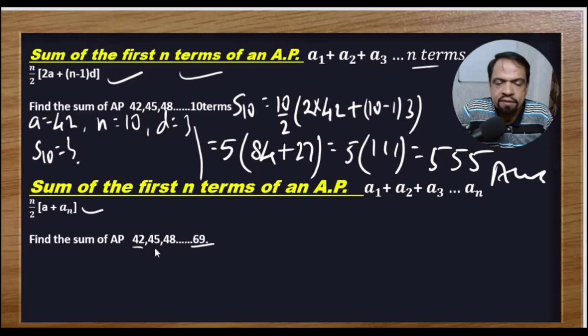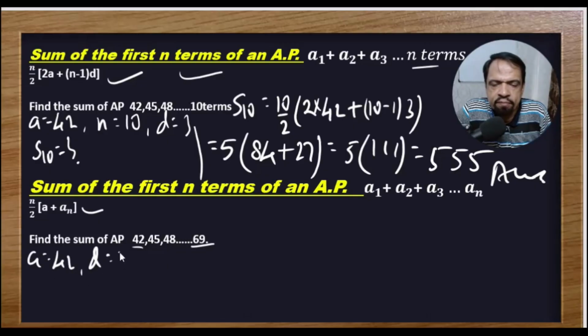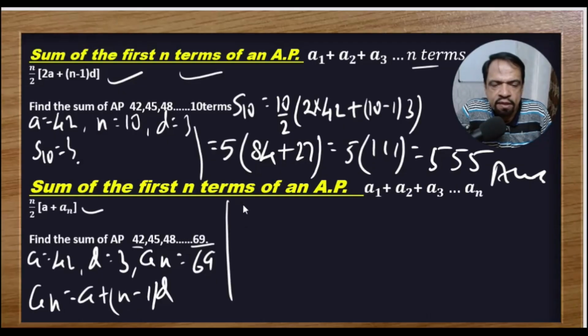Now let us take the same question, but where the first term, the in-between terms and the last term are given. So we'll use this formula. a is 42, common difference same 3, and the last term an is 69. We are writing n here because we don't know n. So first of all, we will find the number of terms n using the nth term formula, an is equal to a plus n minus 1 into d. So an, the nth term, is given as 69, a is 42, plus n minus 1, and d is 3.